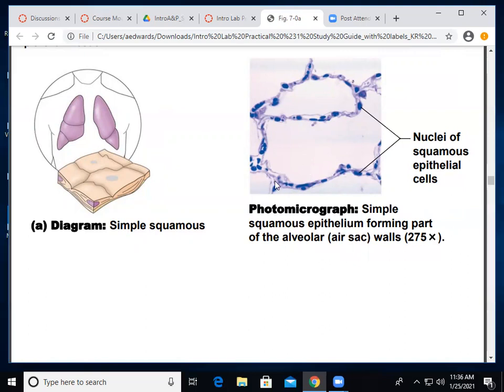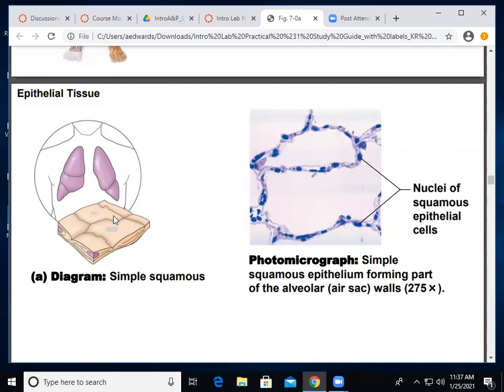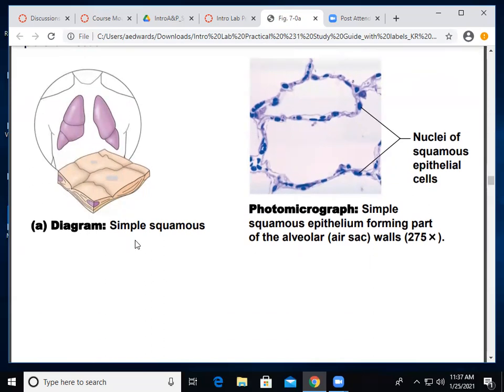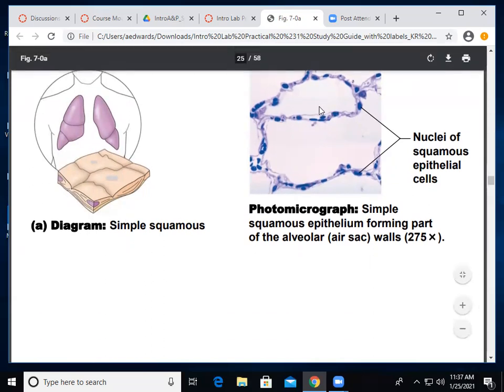So start with epithelial tissue, several different kinds. It's probably going to be the type of tissue that has the most varieties. Well, I take that back. Between epithelial and connective, and then once we get to nervous and muscle, not very many. So for epithelial tissue, we're going to have simple squamous as our starting one.